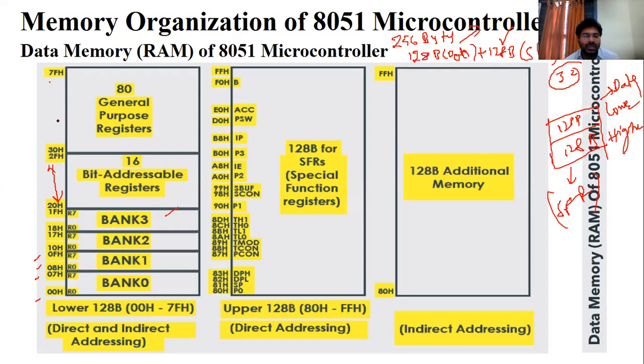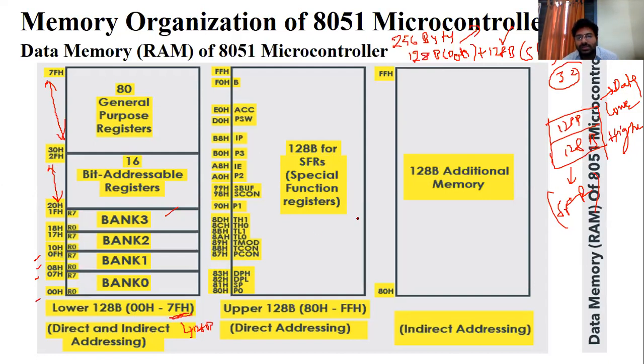Then 30H to 7FH is the general purpose registers. You will see what that is. 128 bytes means this is 7F; 7F is nothing but 128 bytes.